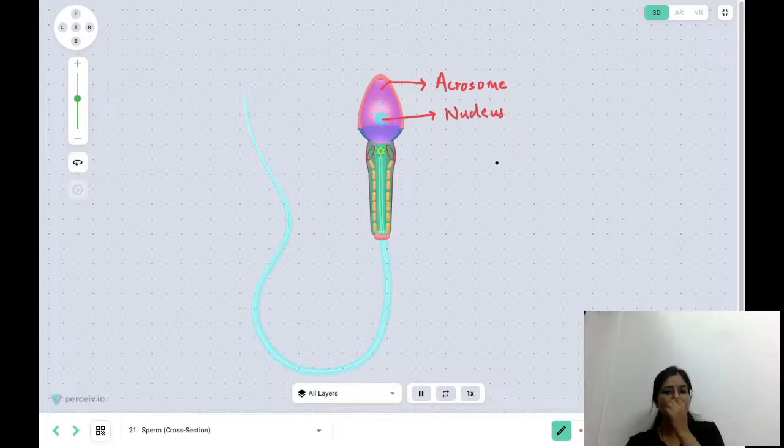Acrosome is one of the important components of the head, because it contains all the enzymes, all the important components.